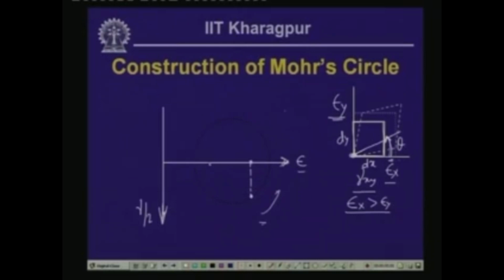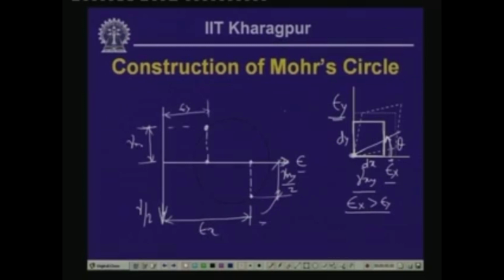Another point we get corresponds to a value of epsilon y and correspondingly gamma xy by 2. So, this distance is epsilon x and this is gamma xy by 2, this is epsilon y and this is gamma xy by 2.